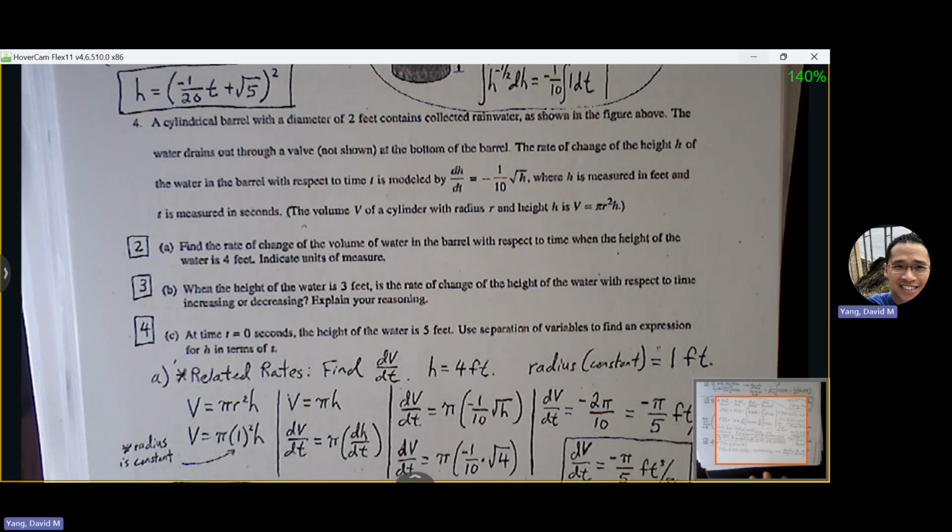So 24, this is number 4. I want us to practice a little bit with related rates. Chances are you're probably not going to see an FRQ that's devoted to related rates, but you're guaranteed that some related rates is going to come up on your FRQ.